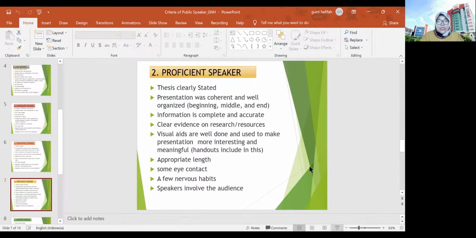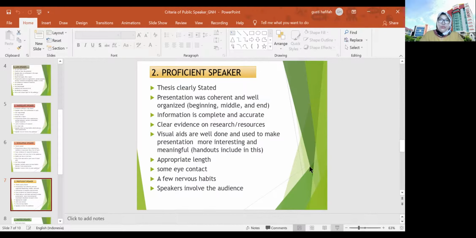You have reputable resources, reasonable resources, and the speaker uses visual aids, and it makes your presentation more interesting. The visual aids can be handouts or realia, like I told you before.